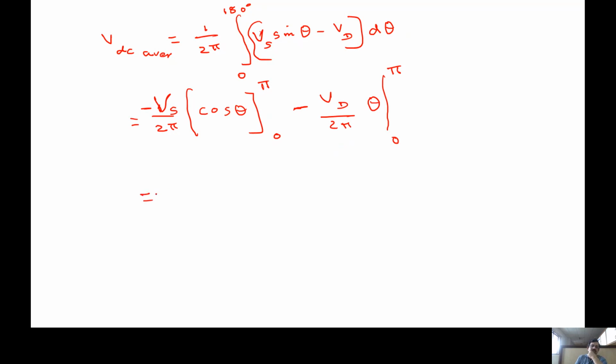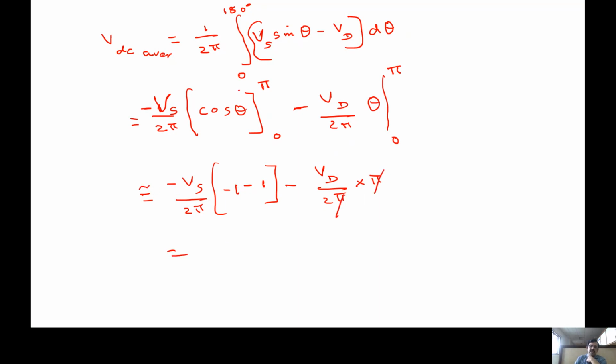So you substitute here: minus Vs by 2 pi, cos of pi will be equivalent to minus 1, so it becomes minus 1, and then from the way we perform the substitution of the integration, we go with that minus sign. Cos 0 is 1, so minus 1, minus Vd by 2 pi into pi.